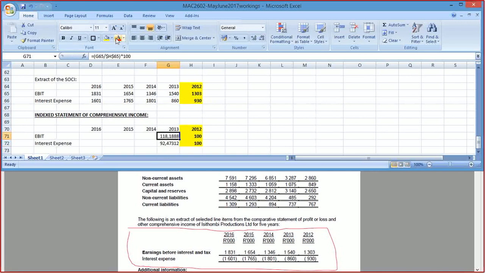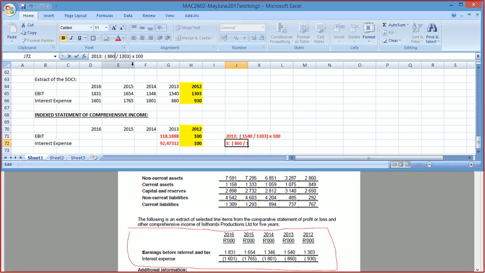I'm just going to show one calculation, then you would literally repeat it. So 2013, how did I get that? I did this: 1540 divided by 1303 times 100. Do you see that? Yes, I've seen the calculation.